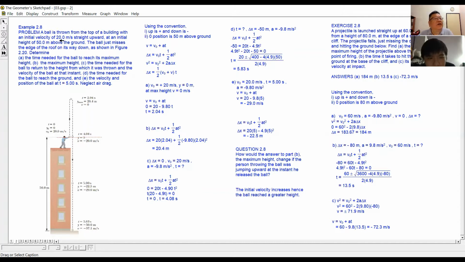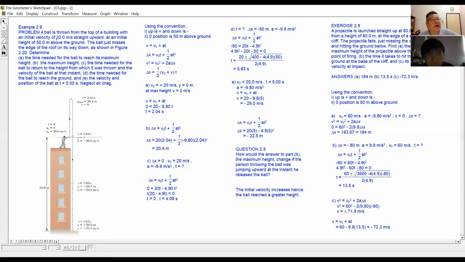The first one: a ball is thrown from the top of a building with initial velocity of 20 meters per second straight upwards at an initial height of 50 meters above the ground. How to convert this?